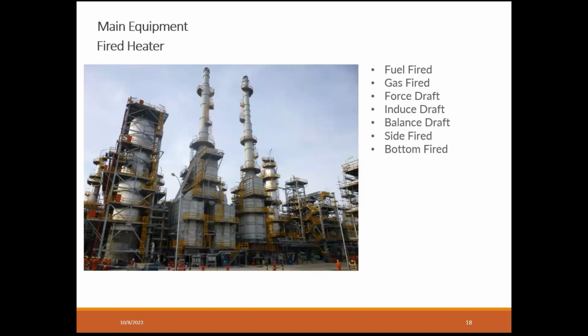The flare system is designed for a global scenario.